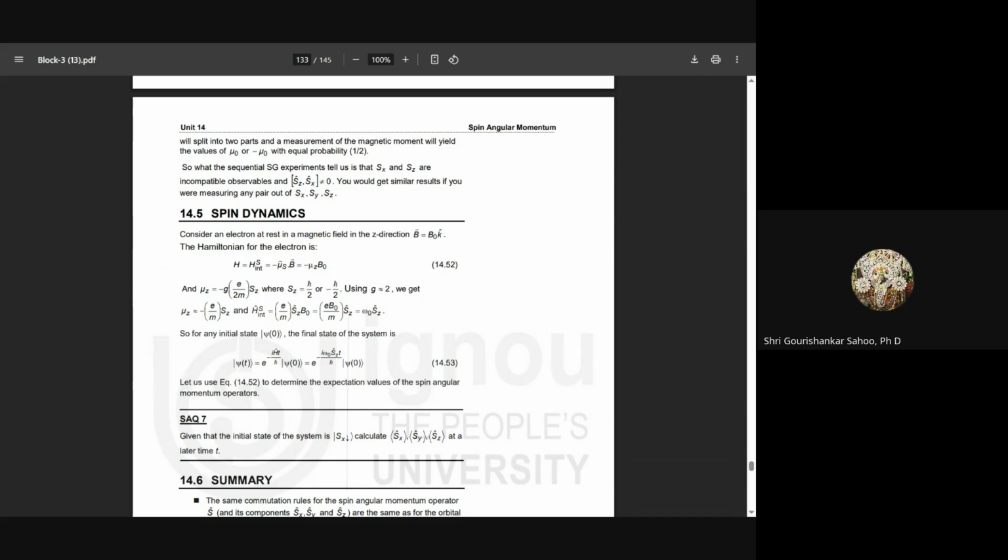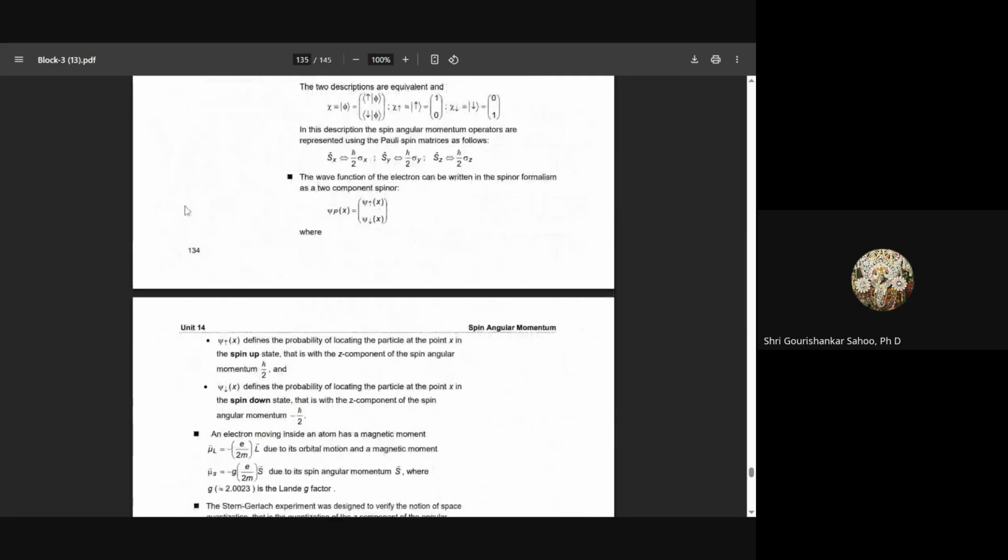So for an initial state psi 0, the final state of the system will be psi t ket is equal to e to the power minus i H cap t by h cross psi 0, which is equal to e to the power minus i omega 0 Sz cap t by h cross psi 0. Okay, so this way you can evaluate it.